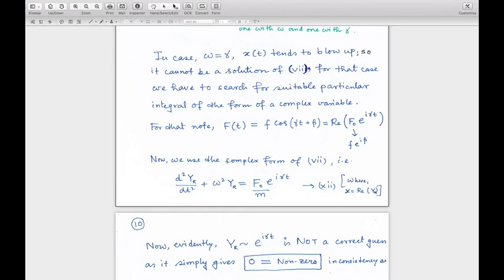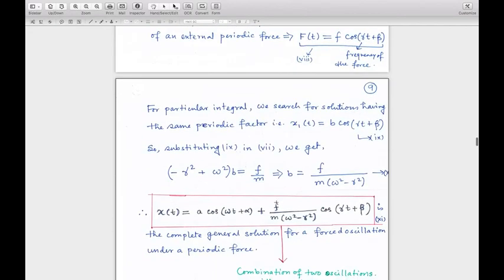So it is the part which originally had this form, this second term.